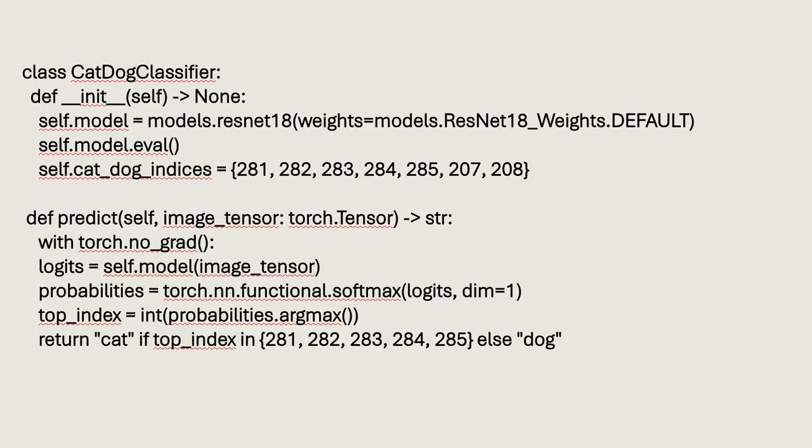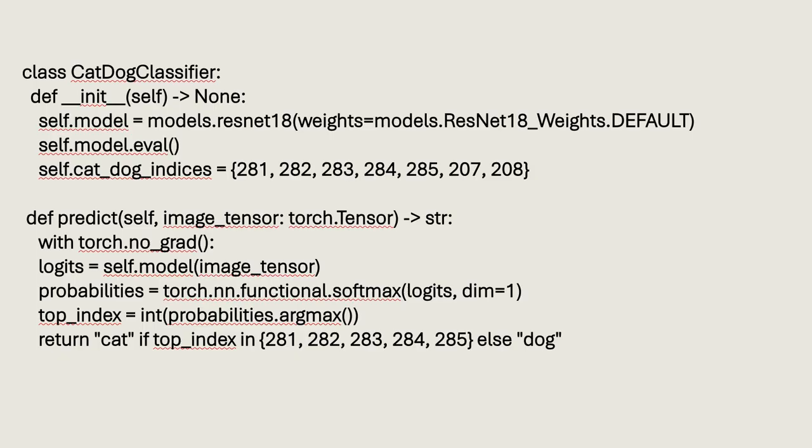The next line goes to logits. In this, the image tensor is passed into the neural network model. The model outputs the logits, which are raw numerical scores for each possible class. These values are not probabilities yet. Note that.